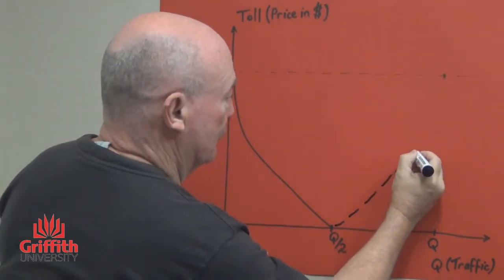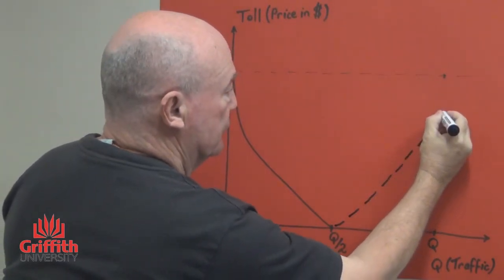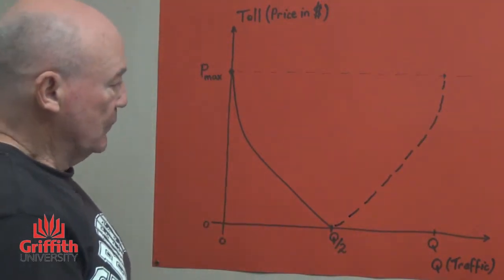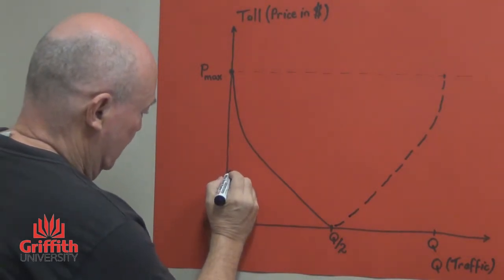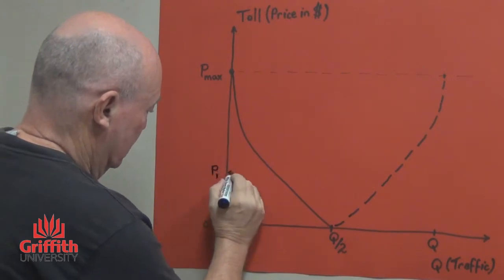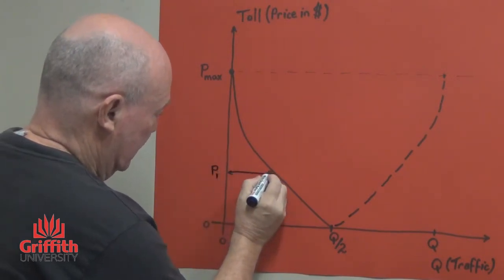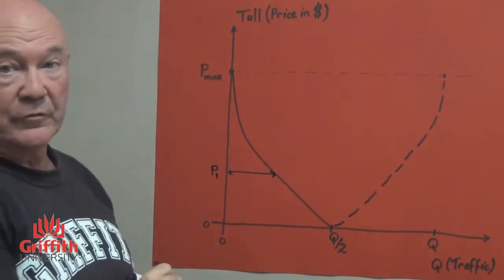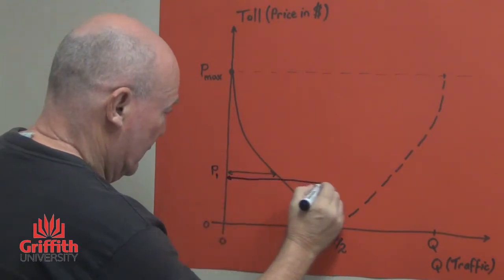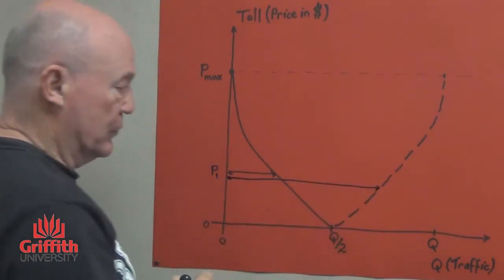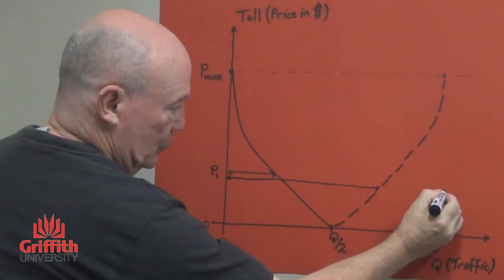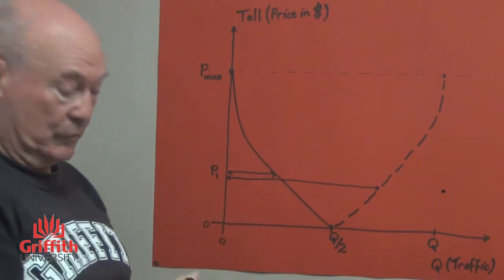So essentially I'm trying to draw the mirror image of the toll road's demand curve. So if you add, say, at this price, P1, that amount on the toll road, that amount of traffic, that amount of traffic on the free road, then those two added together will equal Q. That's all the way along.